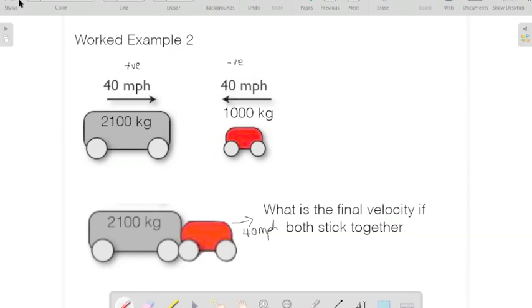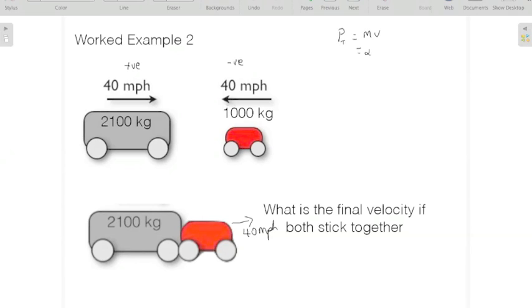So let us, let's do it then. So let's say momentum P of T for truck, right? That's M times V. If we take this direction as positive, the velocity will be positive.